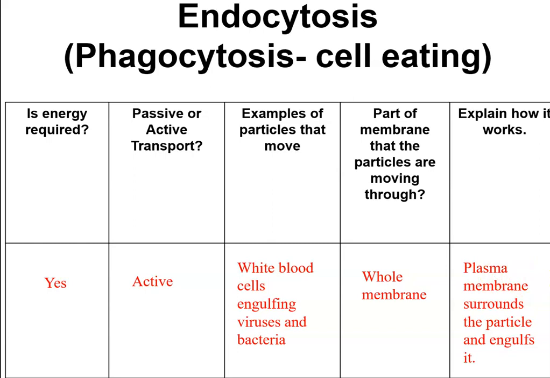It's just going to eat it, basically. That's why we call phagocytosis cell eating. So both pinocytosis and phagocytosis are examples of endocytosis. They bring it into the cell, and those are both active transport.